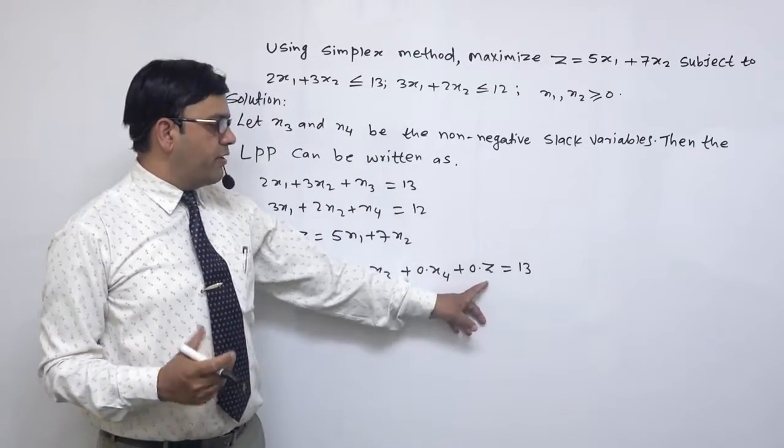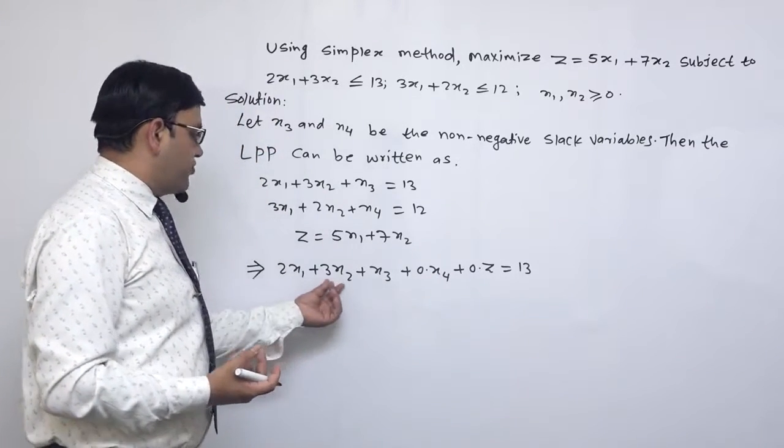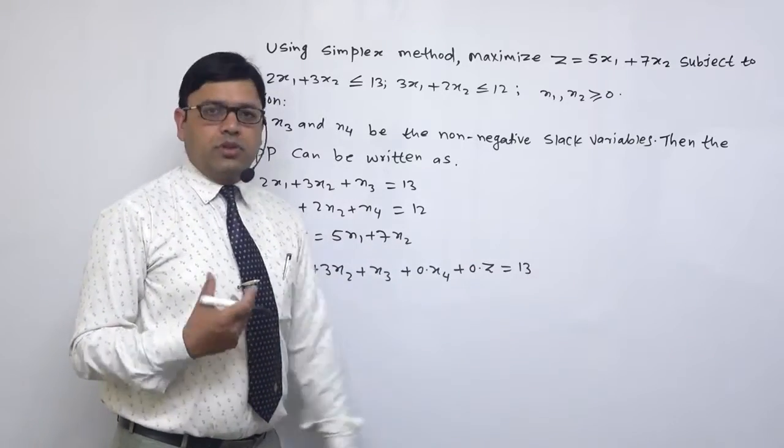So 0 times x4 is 0 and 0 times z is 0. So we have 2x1 + 3x2 + x3 = 13.